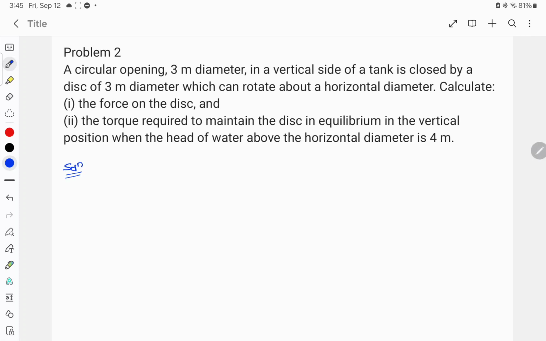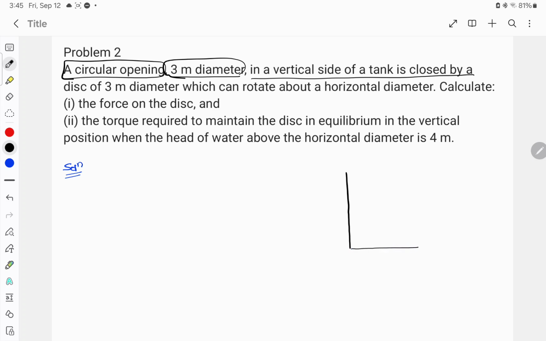See, I can give you the diagrams also for the questions, but generally we should see the questions as a whole. So here they have said that there is a circular opening of 3 meter diameter in the vertical side of a tank.